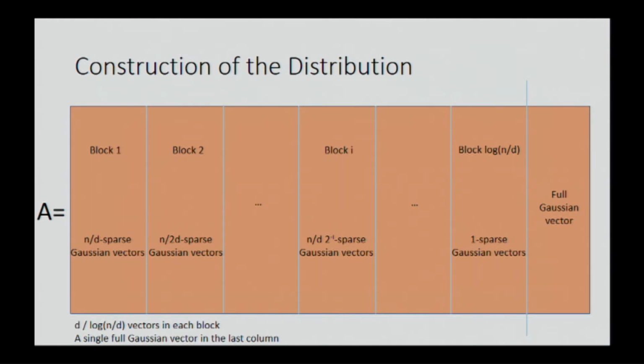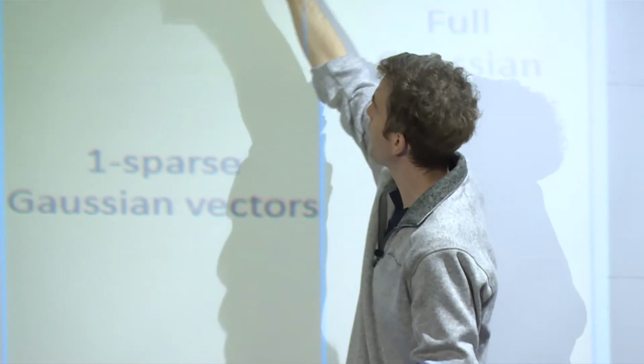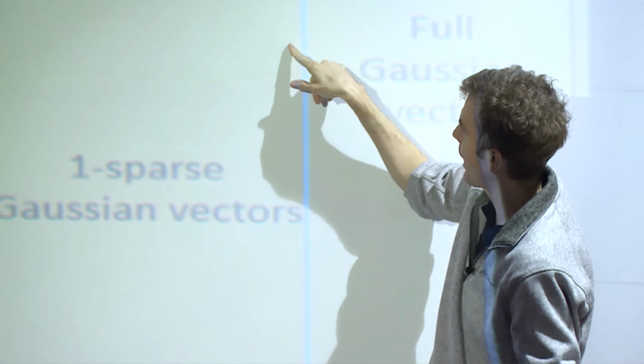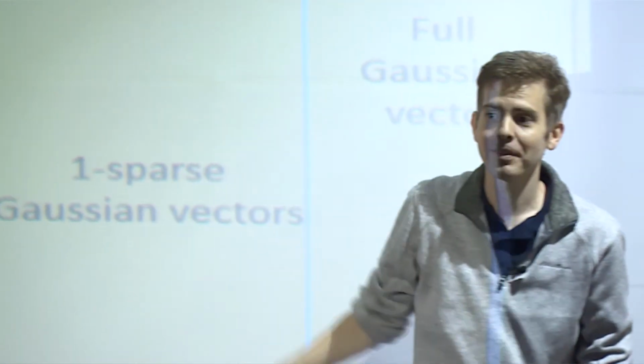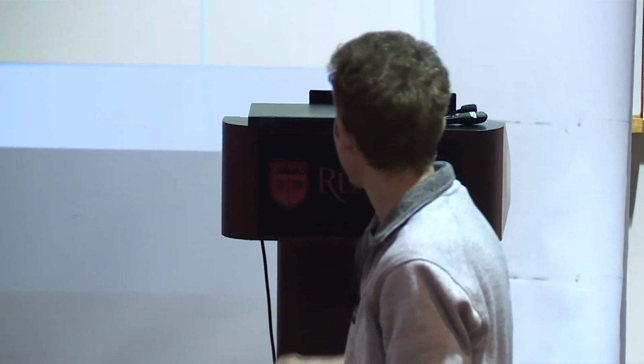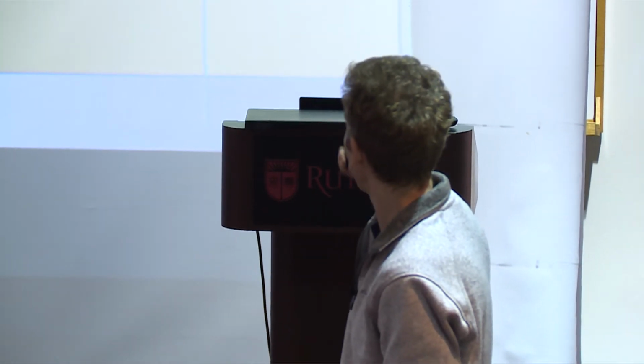They're just standard unit vectors scaled by a Gaussian: I choose a random location and put a Gaussian there, and do the same for each of the columns. So there is sparsity at every scale. Is that clear? And finally, I have one fully random Gaussian vector. That's the whole matrix A.